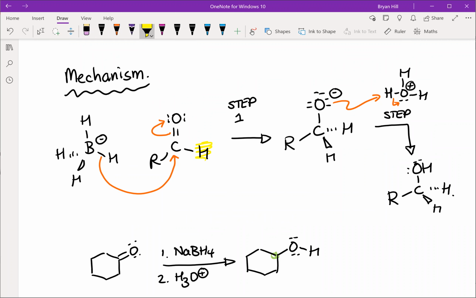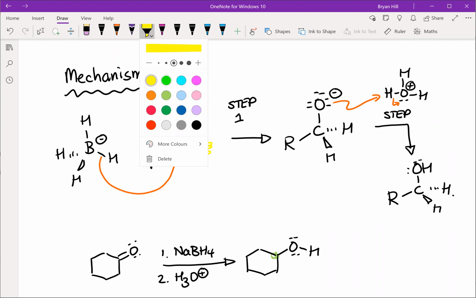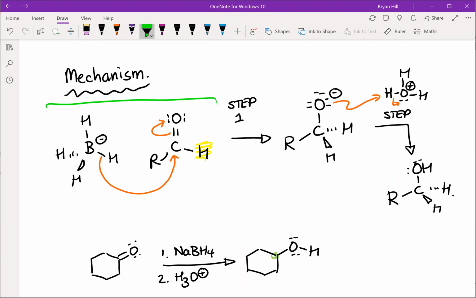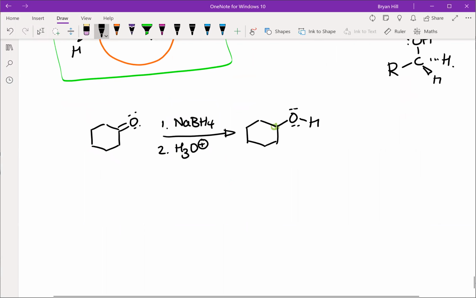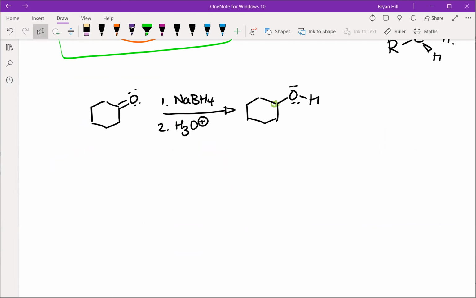So the way that I've drawn this attack here, I should bring something to everybody's attention. A lot of textbooks do this where the arrows are shown, but it gives the impression of how this hydride attacks. So if we think about our carbonyl, I will draw the pi bonds here.